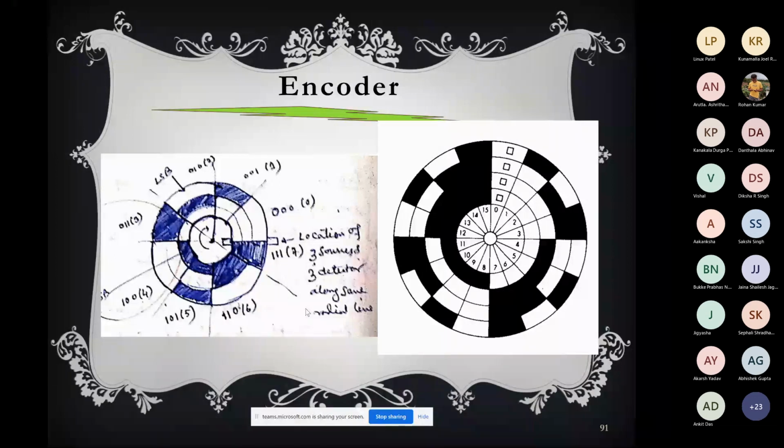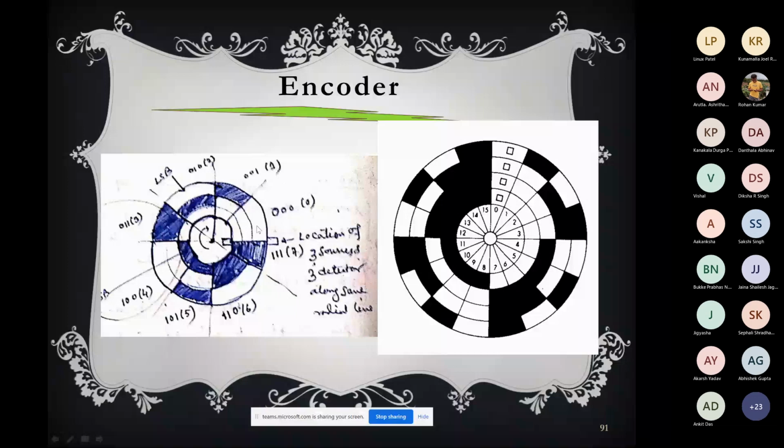So the detector, whether it is detecting the light or not, generates a voltage, and that voltage is proportional to your angular displacement. Here you see, how many divisions did we make here? 8 divisions: 1, 2, 3, 4, 5, 6, 7, 8.